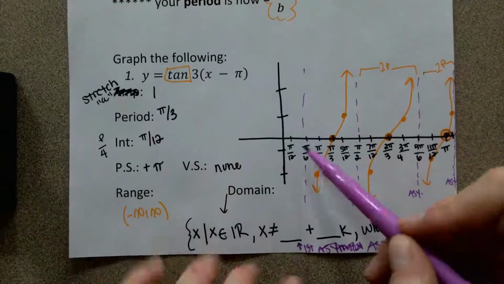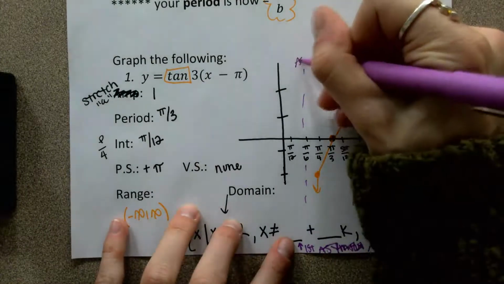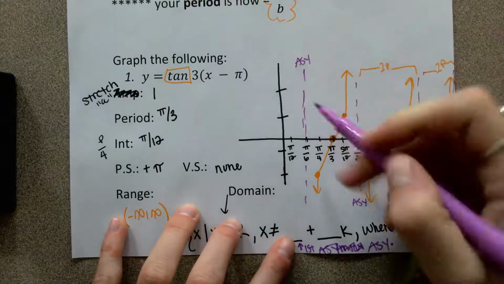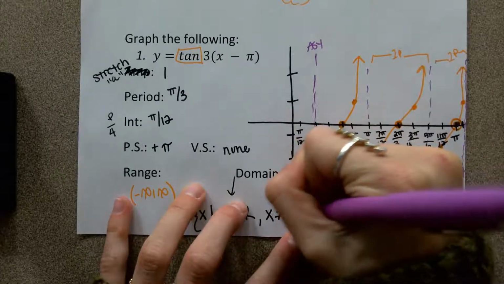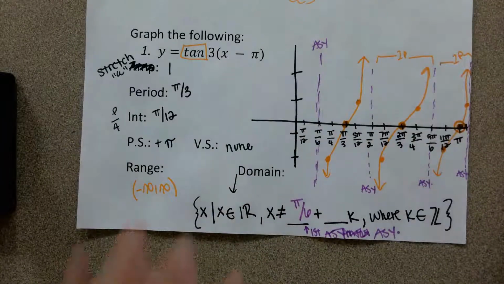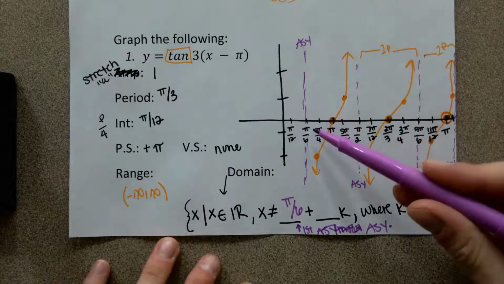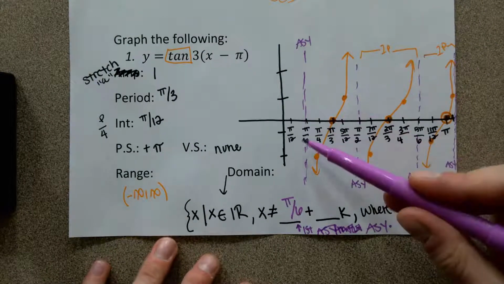So it kind of depends on how much you plot. My furthest to the left is pi over 6. Okay, so I'm going to throw pi over 6 in there, because my domain is not equal to that number. My graph is never going to cross that.